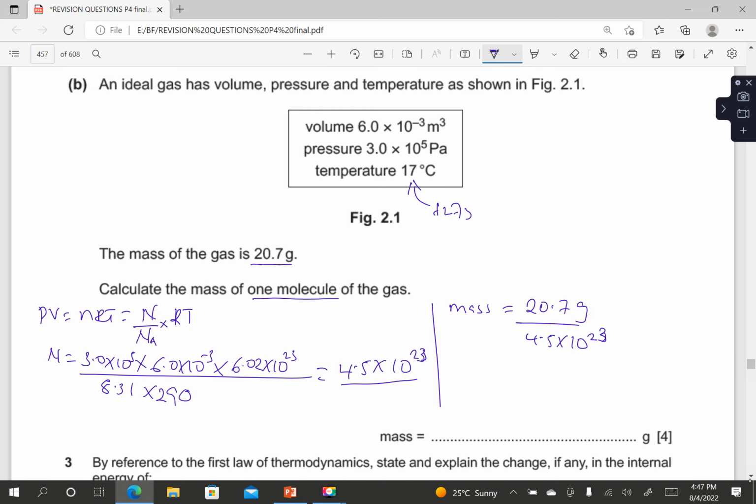So this gives us 4.6 times 10 power negative 23 grams. So that is the mass of one molecule.